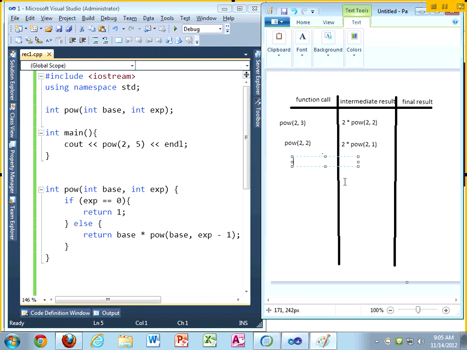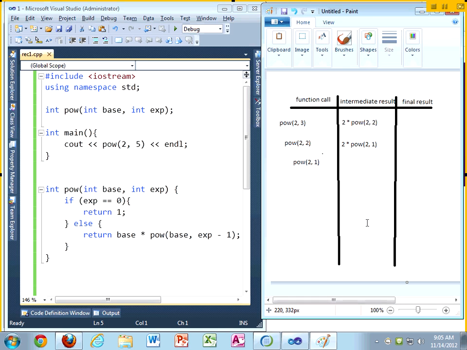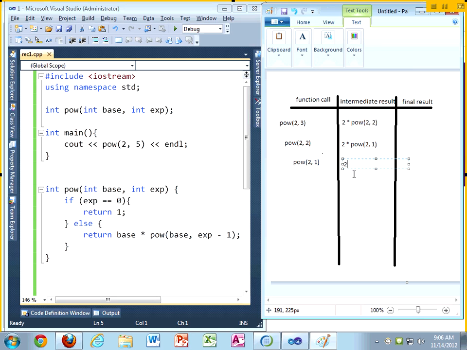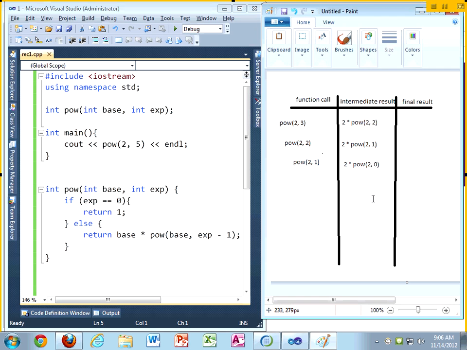So we've got to figure out what PAL of 2, 1 is, so we put it over here in our function call, PAL of 2, 1. Okay, so we go over here to look at our code to see what PAL of 2, 1 is. It turns out that PAL of 2, 1 is 2 times PAL of 2, 0. So we put that down, intermediate result, PAL 2, 0.